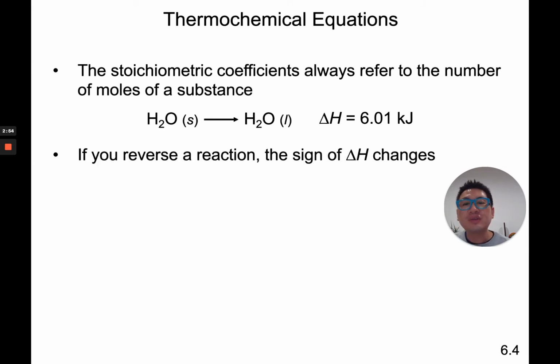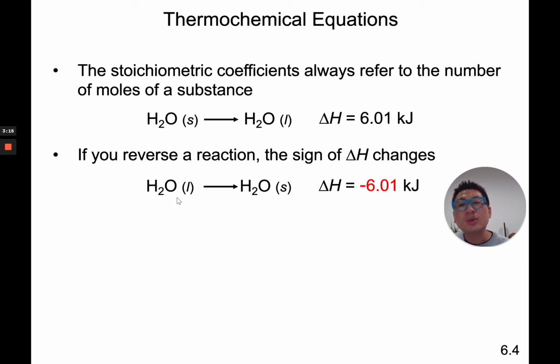If you ever reverse a reaction, we change the sign of delta H. Here's the same equation, just flipped. Solid, liquid, liquid, solid. We flipped it. And whenever you do that, you change the sign from positive to negative. What that means is if you need to absorb 6 kilojoules of heat to melt 1 mole of ice, to freeze 1 mole of water, it's negative, exothermic.